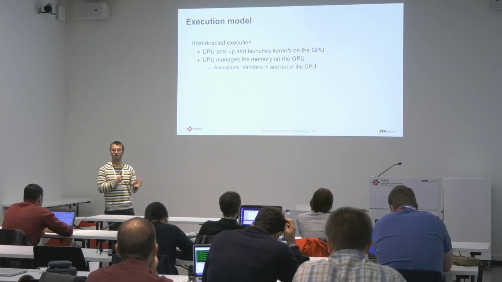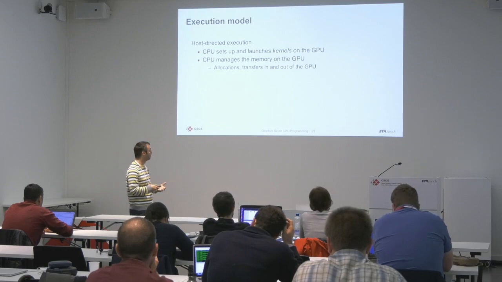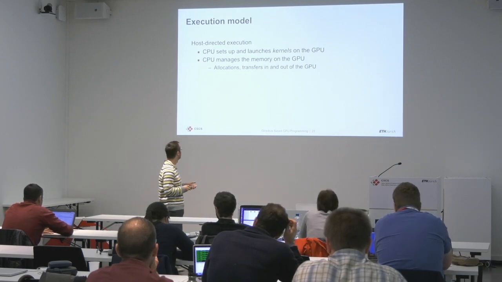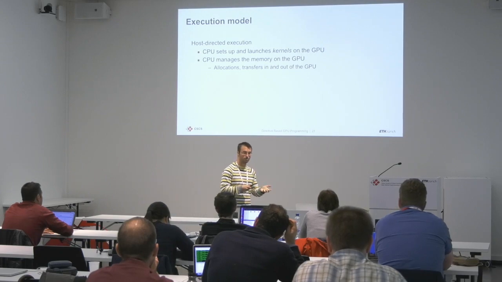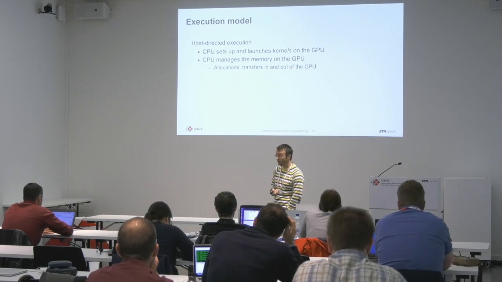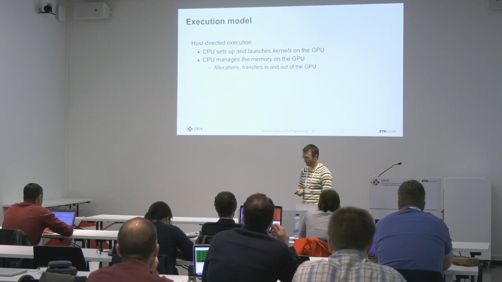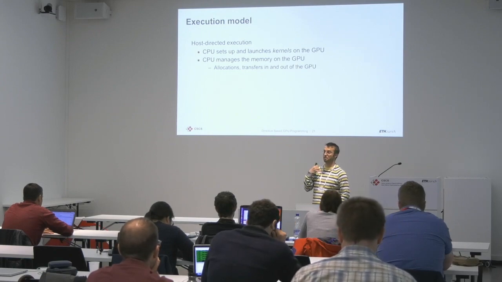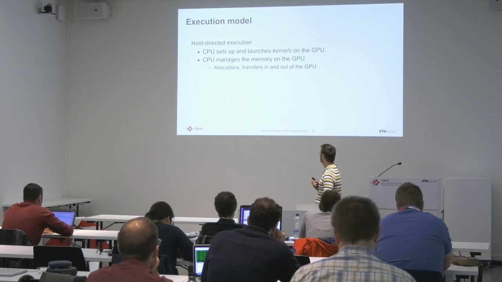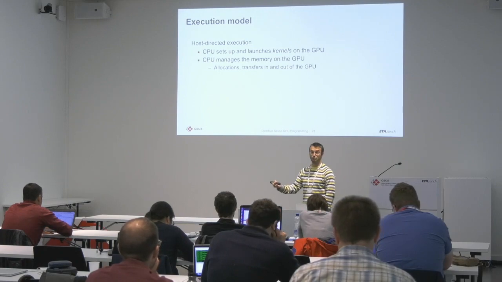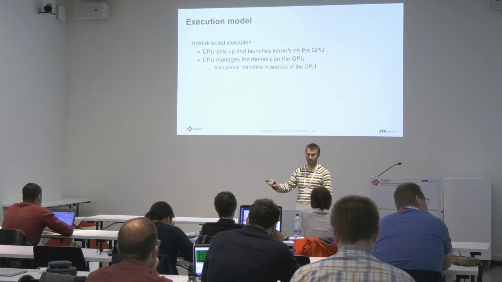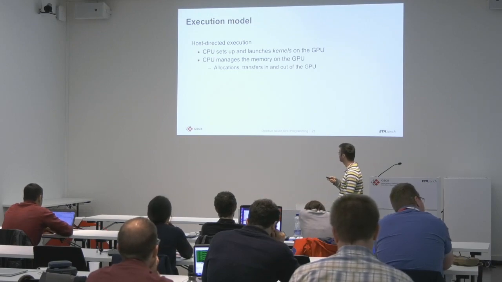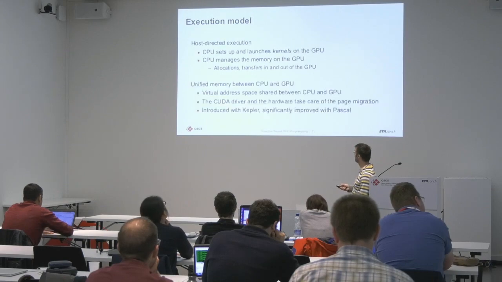So this is all manual. You have to do it yourself. This model is called host-directed execution or host accelerator model, where the host runs the operating system and basically directs the execution on the coprocessor, the accelerator, or the GPU. So the allocations, the transfers, and so on.